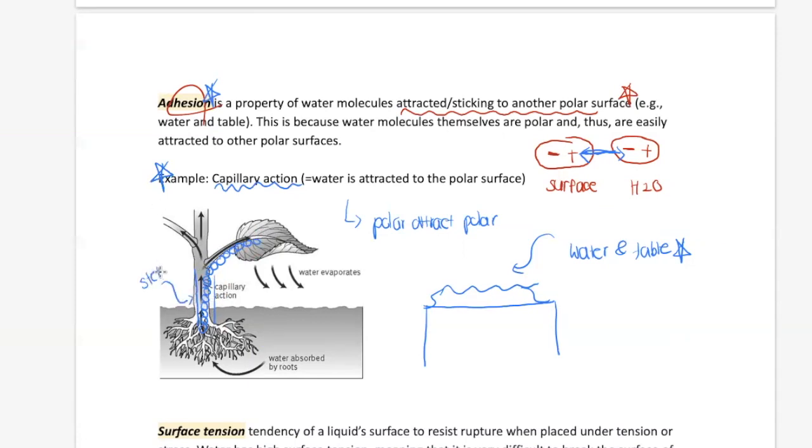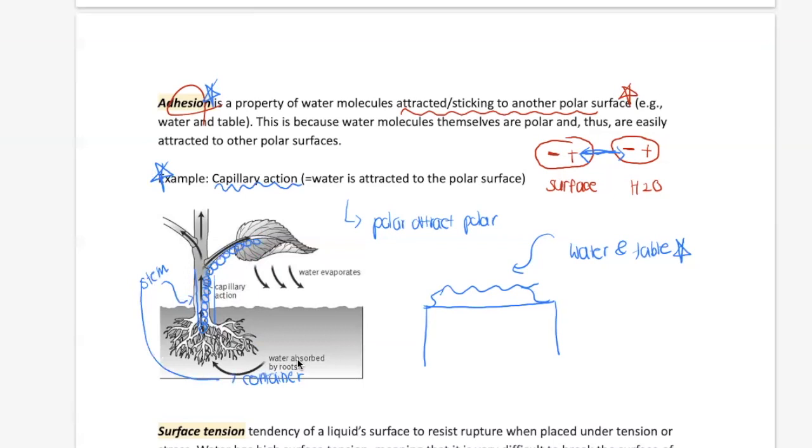So the stem or the vessel, or in precise terms, the xylem that helps the water to be transported to integral parts of the plant, contains a polar surface. So it provides a stable container where water could be transported going against the force of gravity.